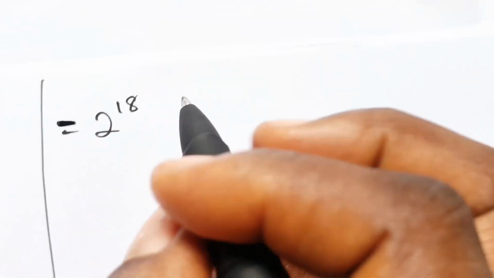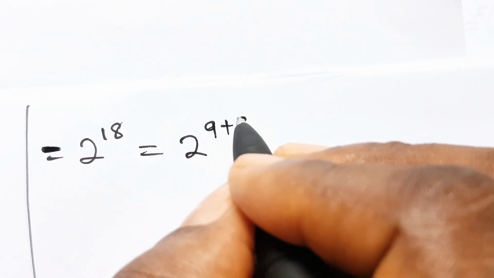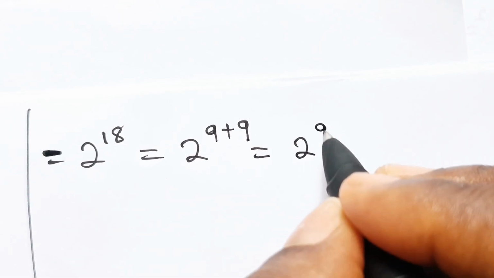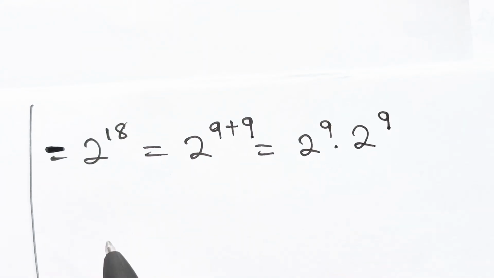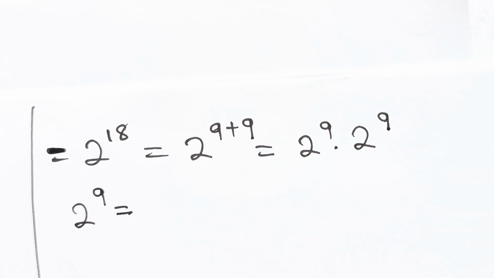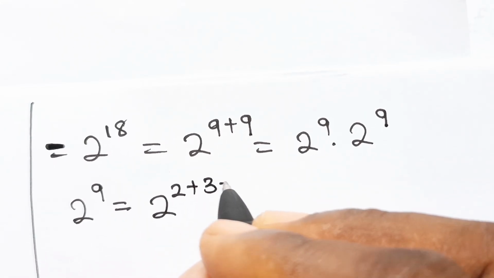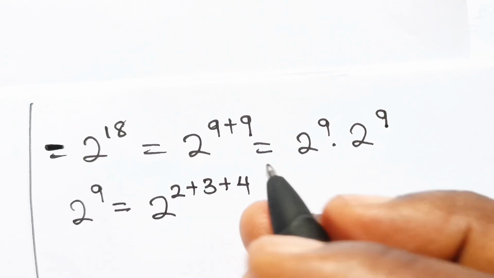So we can express this further as 2 to the power of 9 plus 9, and express it further as 2 to the power of 9 multiplied by 2 to the power of 9. Now, we don't have a calculator. Let's focus on just one and get what it is. This is the same thing as 2 to the power of 2 plus 3 plus 4. 2 plus 3 is 5, 5 plus 4 is 9.